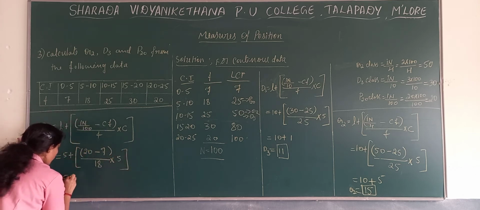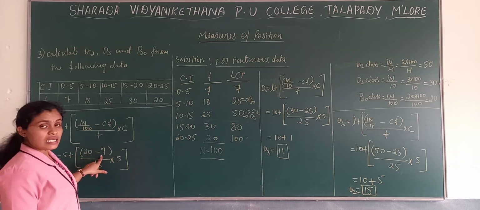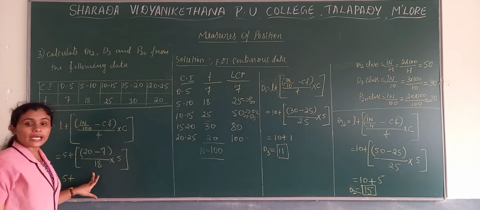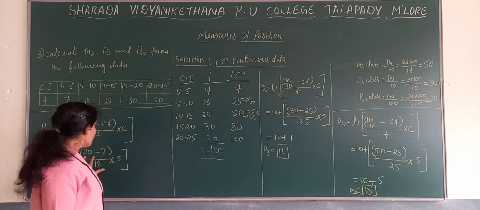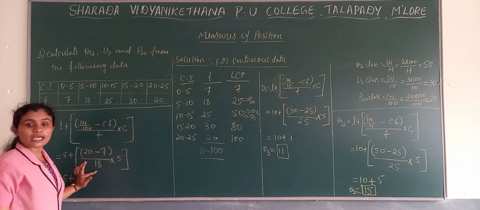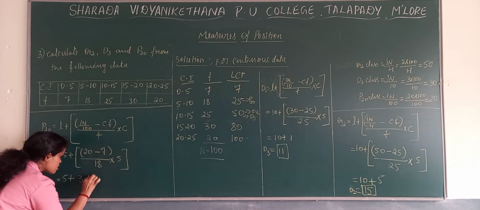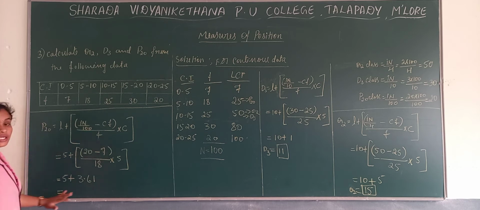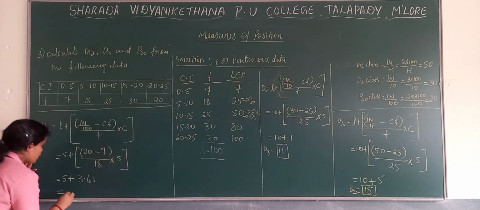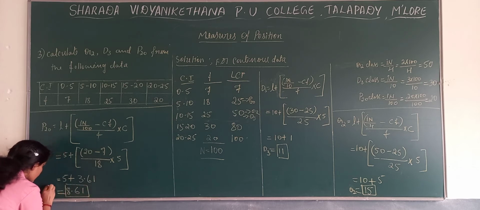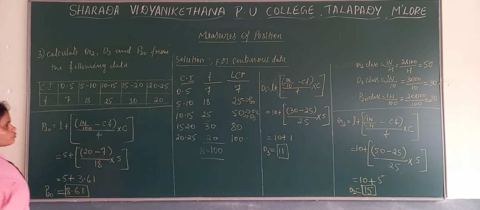Now 5 plus 20 minus 7, 13 into 5 divided by 18. 13 into 5 is 65, divided by 18 gives 3.61. So here you get 8.61 as percentile 20.